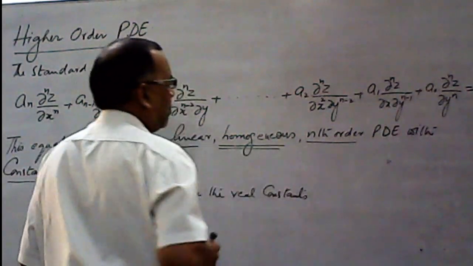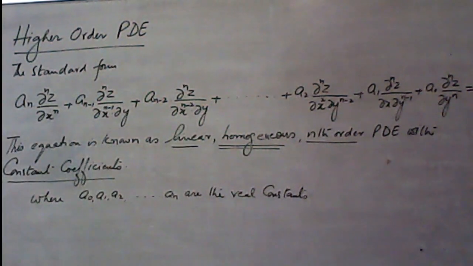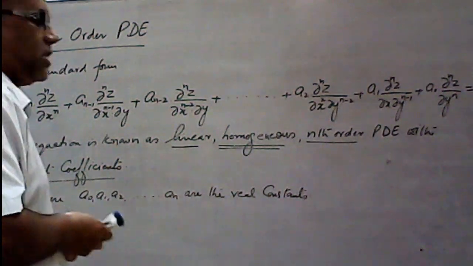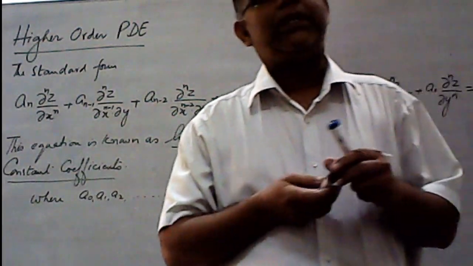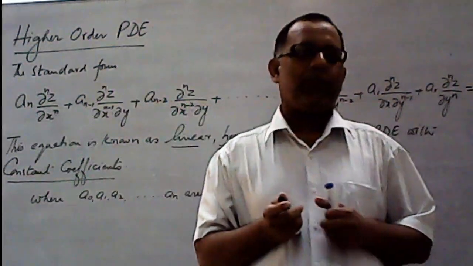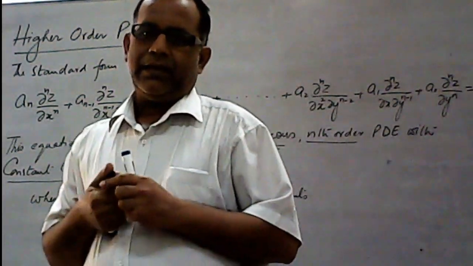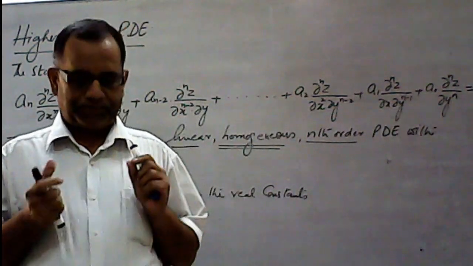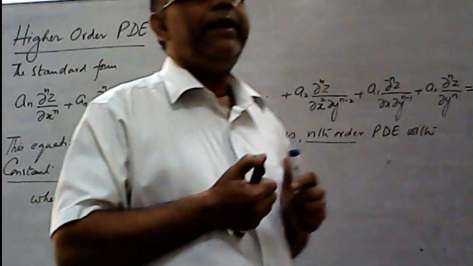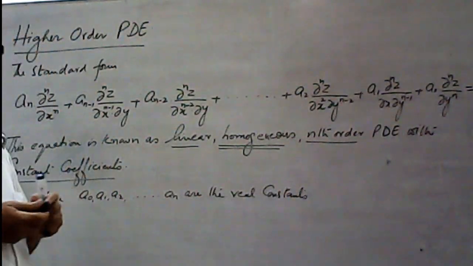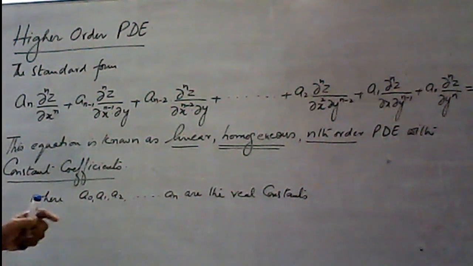Homogeneous, why are we calling it homogeneous? This is the third time I am using the word homogeneous in differential equations. I first used it in first order first degree ODE, then in higher order ODE, and now in higher order PDE.